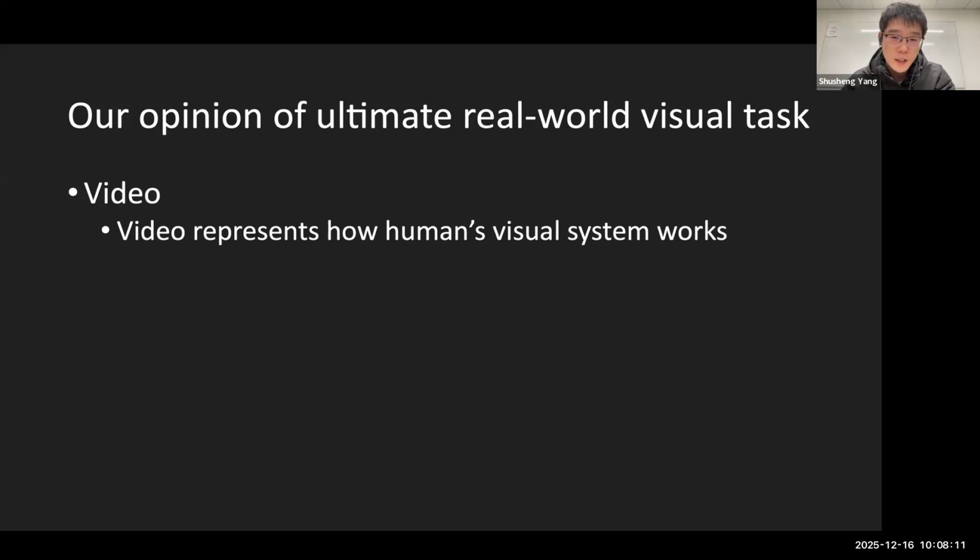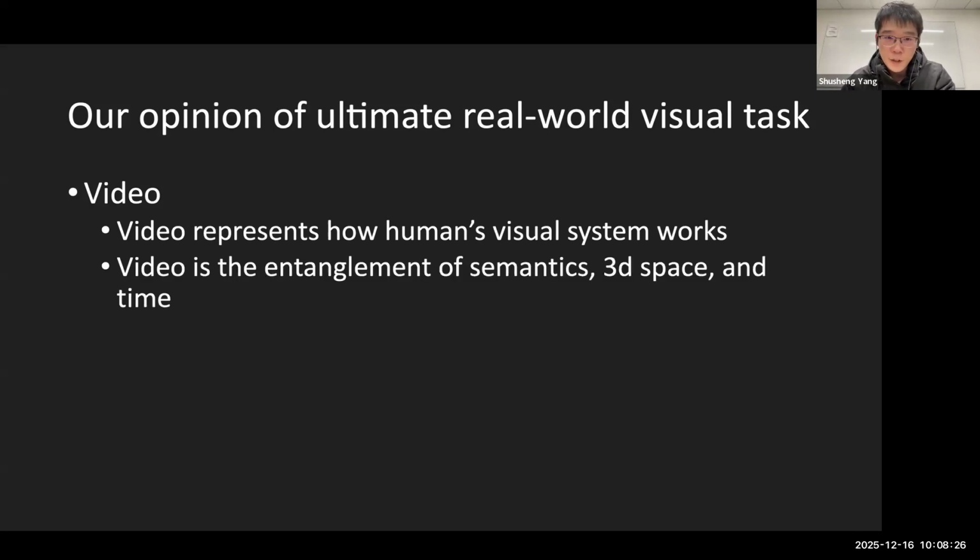As humans, every day we perceive a lot of visual streams. It's not frame by frame, it's not image by image. It's a video. So video is essentially how our visual system works. And video is the entanglement of semantics, 3D space, and time.